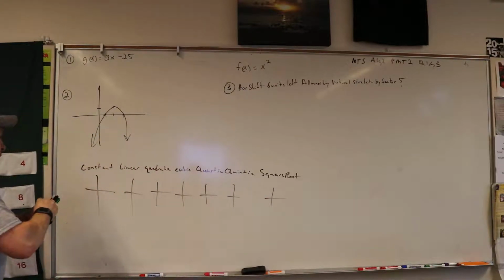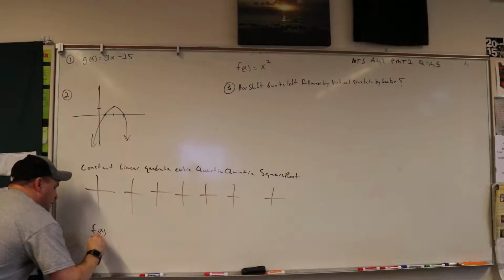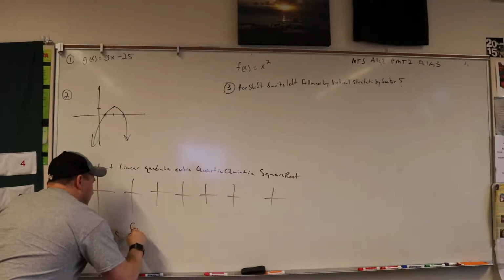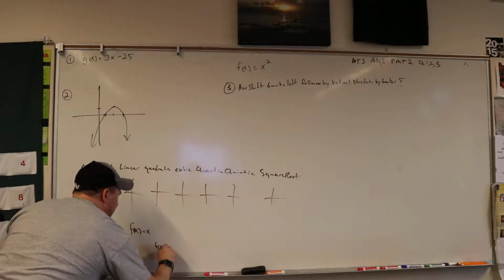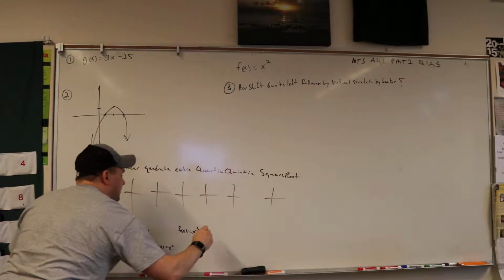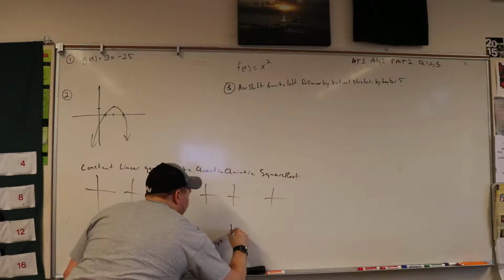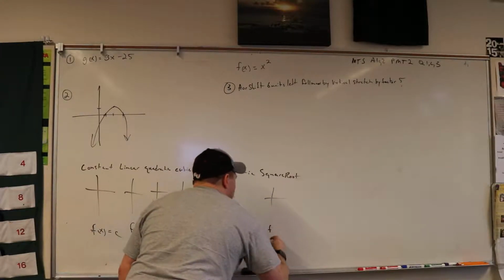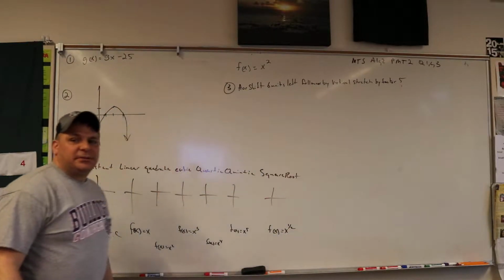They all look like something. This is f of x equals c. F of x equals x. F of x equals x squared. F of x equals x cubed. F of x equals x to the fourth. F of x equals x to the fifth. And then, of course, the square root is f of x is equal to x to the 1/2.